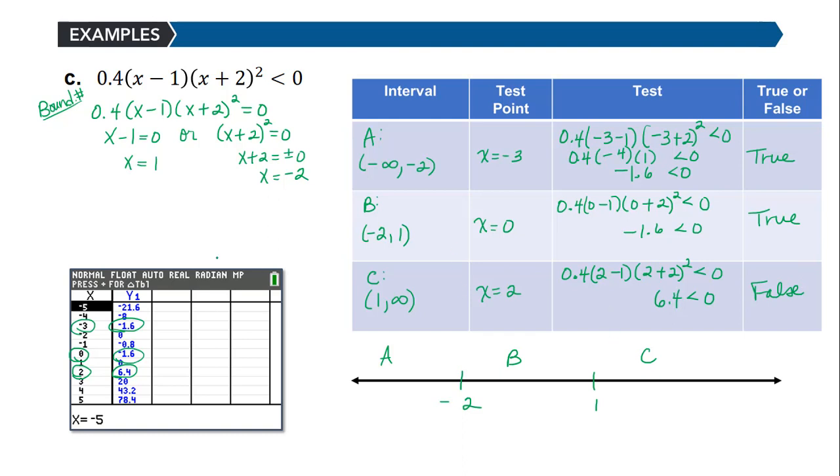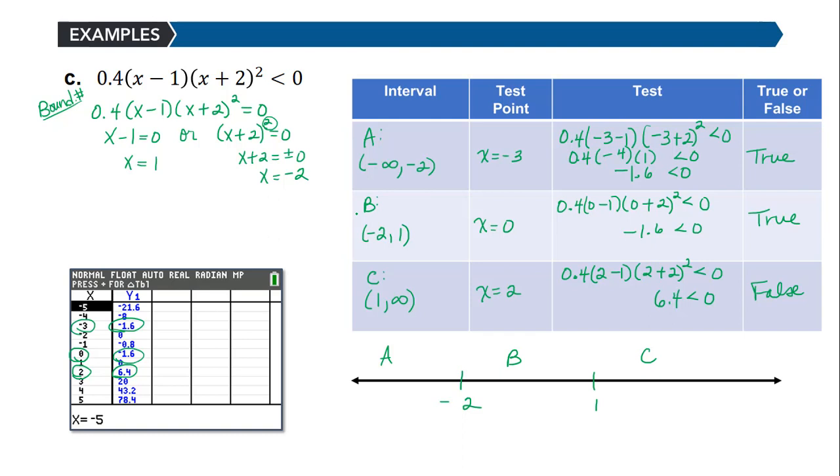They didn't alternate, and that is because of the even multiplicity on the zero of -2. Around the -2, the intervals will test in the same way rather than alternating, because remember, it has the effect of bouncing off the axis, which means it's going to be either both above or both below.